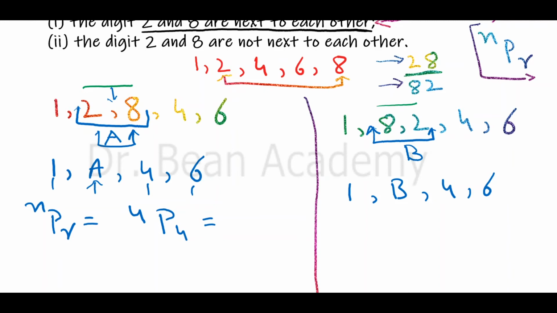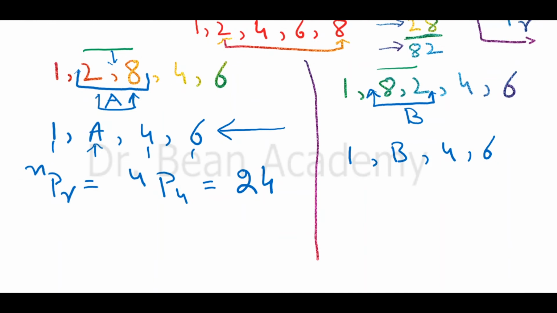My calculator gives me the value that 4P4 equals 24. So I can make 24 permutations from these numbers, considering that 2 and 8 are together and they are hidden inside A. So it should be easy for the right side. It's the same problem, nPr and 4P4 is 24. So I can make 24 permutations if 2 and 8 are always together, and 24 for when 8 is first and 2 is after that, because we have to calculate all the permutations when they are next to each other.